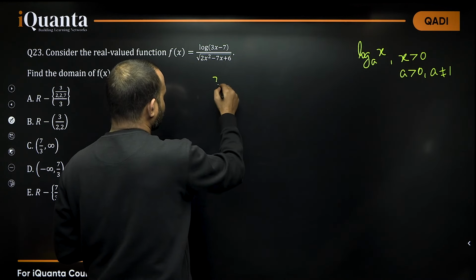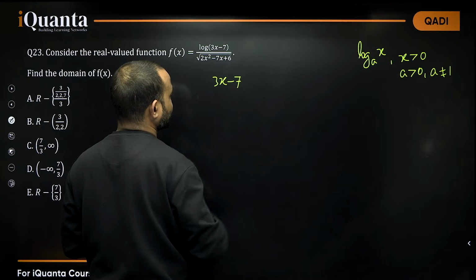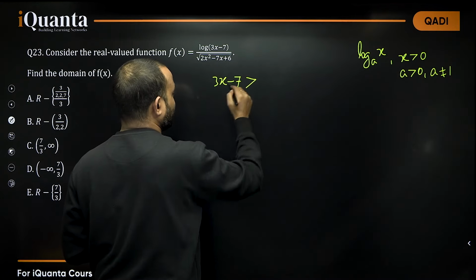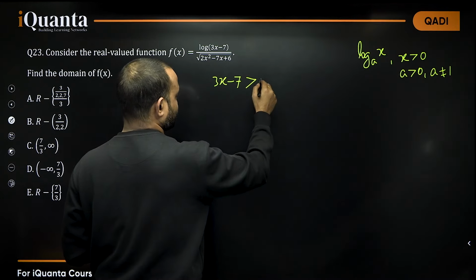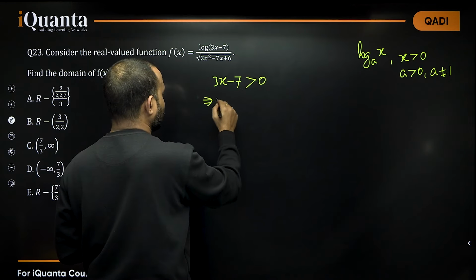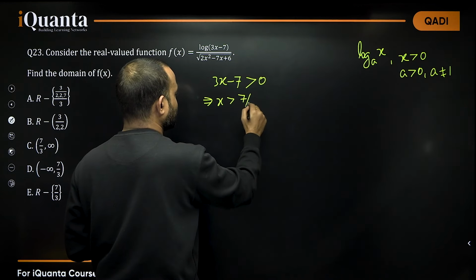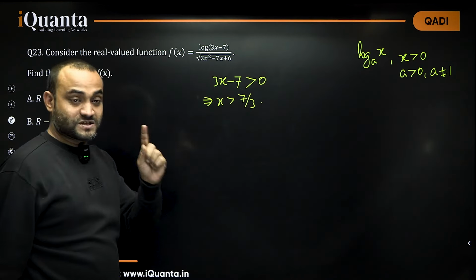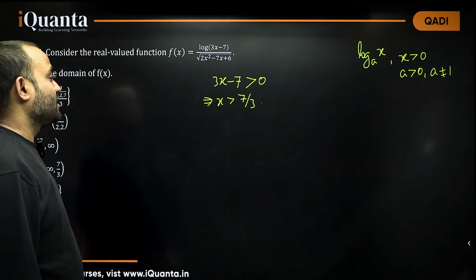So if the base is not mentioned, the base is 10. So one thing that we need to check, this 3x minus 7 must be greater than 0, or we can say x must be greater than 7 by 3, right? x must be greater than 7 by 3, nothing else.